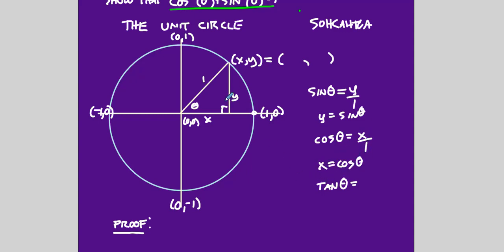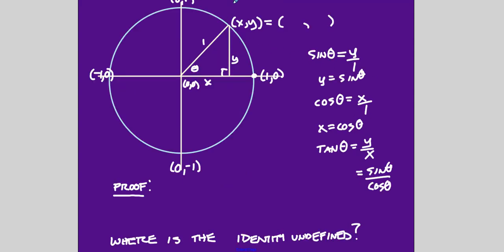Then tangent theta is opposite over adjacent, so that's going to be y over x. But y is equal to sine theta, and x is equal to cosine theta. Now, unlike sine and cosine, tangent is discontinuous because the denominator here cannot equal 0.